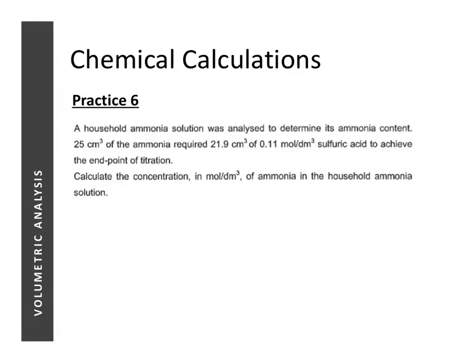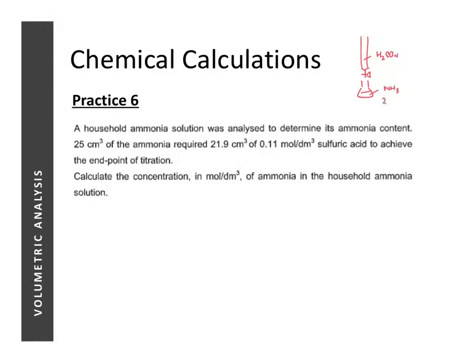Now let's look at a question that involves titration. In this question, the sulfuric acid is being placed in the burette and your aqueous ammonia is being placed in the conical flask. How do I know that?